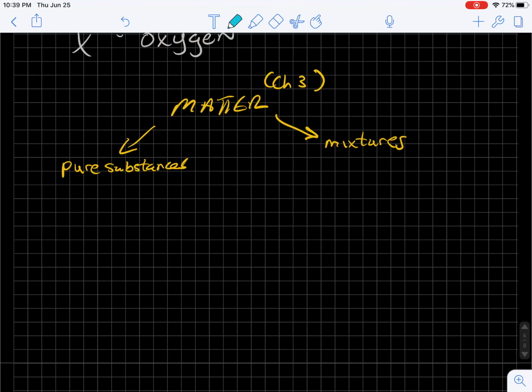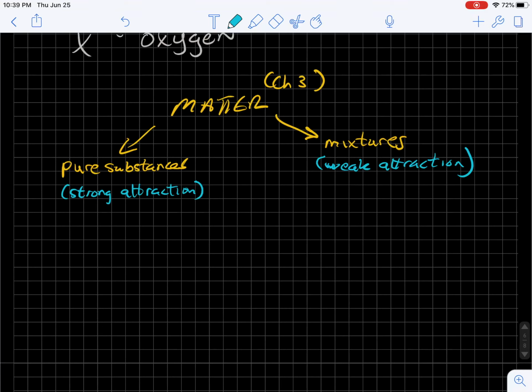The difference between the two is that with pure substances, that Coulombic attraction is very strong. That keeps those particles together. So we say strong attraction. And with a mixture, it's weaker. I'm not going to say it's a weak attraction. I'm going to write weak attraction. But the truth of the matter is, it's a weaker attraction.